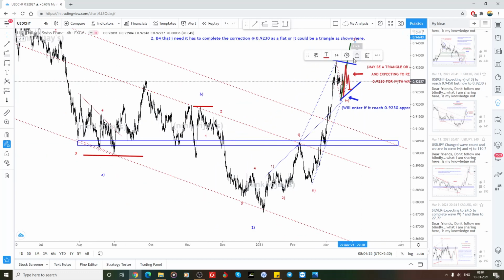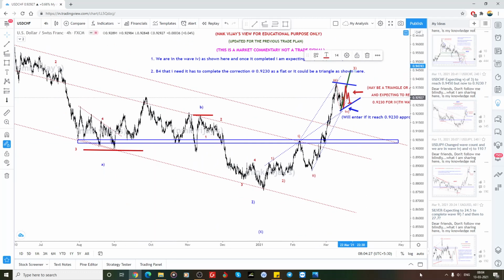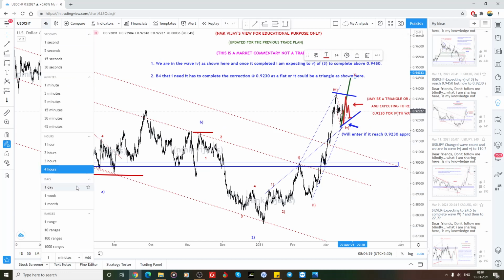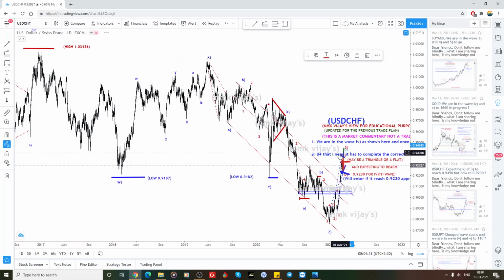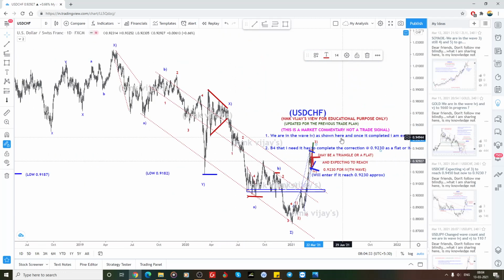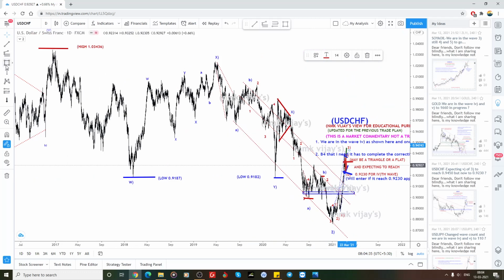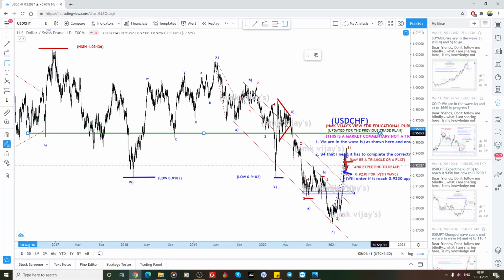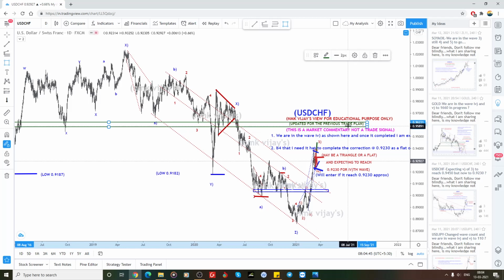After that, the fifth wave will be in this zone. I'm expecting it will reach the 96 zone for the completion of wave 1.